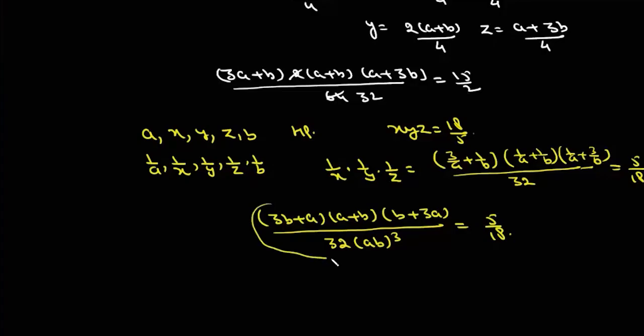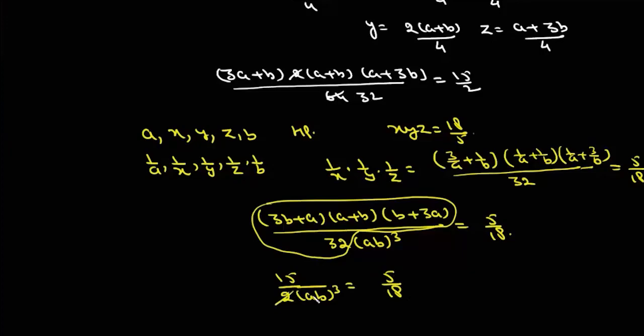So we'll replace this value here with 15/2. So we can write (15/2)/(ab)³ will be equal to 5/18. Now this is 9, this is 3, so we'll get (ab)³ equals 27, or the value of ab is 3.